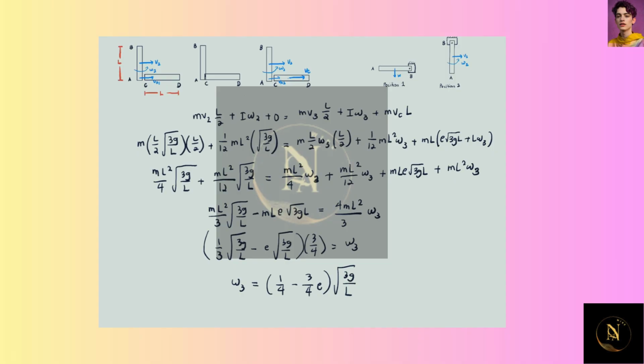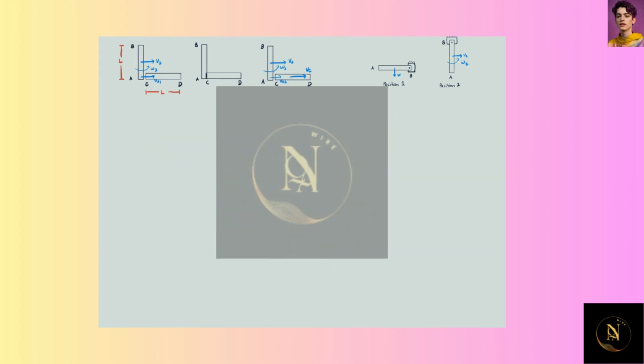Now that we have the expression for omega 3, we can solve for VC. VC is equal to e times square root of 3gL plus L omega 3.